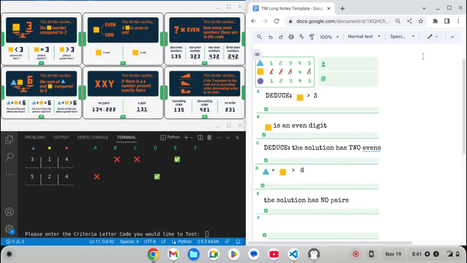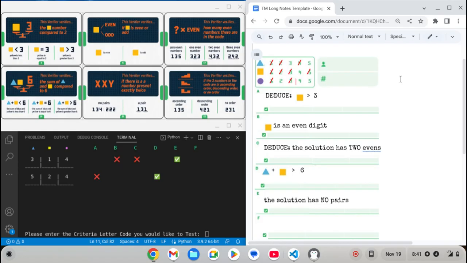So what does that mean? Well, if we have a 4, obviously triangle can't be a 1, can't be a 2, it could be a 3, but it can't be a 4 because you can't have duplicates, and both 3 and 5 do give you that sum that's greater than 6, which means that circle has to be the even.